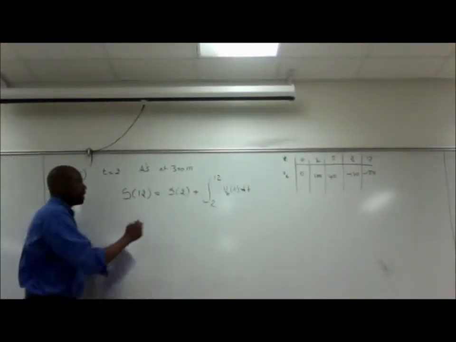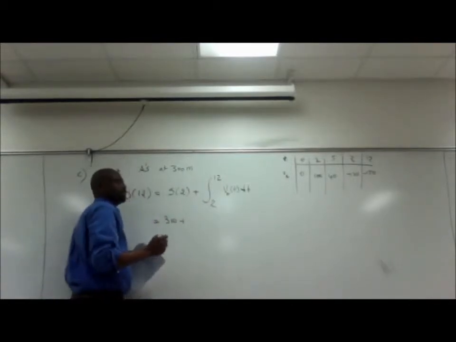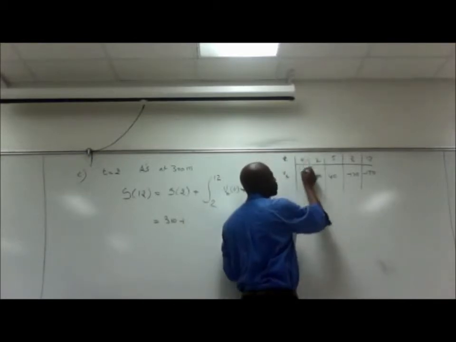So I'm going to do what? s of 2 is 300 plus. I'm only going from 2 to 12, so I don't worry about the first one.